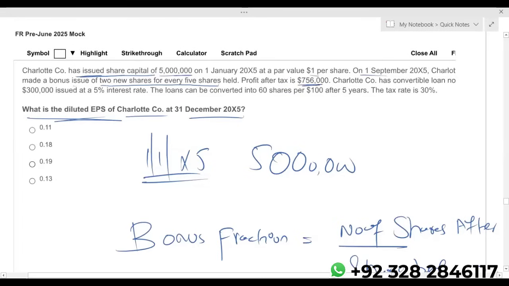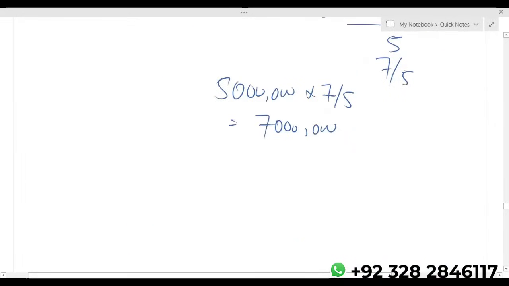Profit after tax, they have given us 7,56,000. Charlotte company has a convertible loan as a potential ordinary share: $3 lakh issued at 5% interest. The loan can be convertible into 60 shares per $100 after 5 years. Now listen, to this 7 million, I will add shares from conversion.